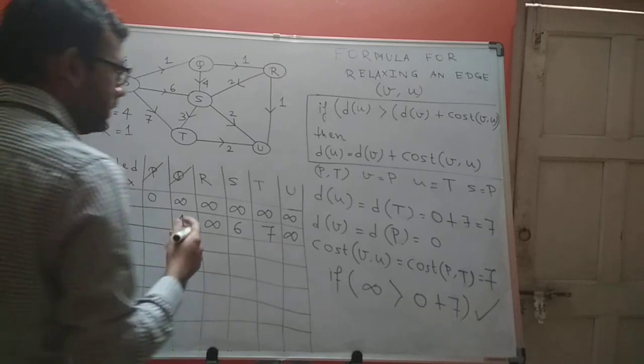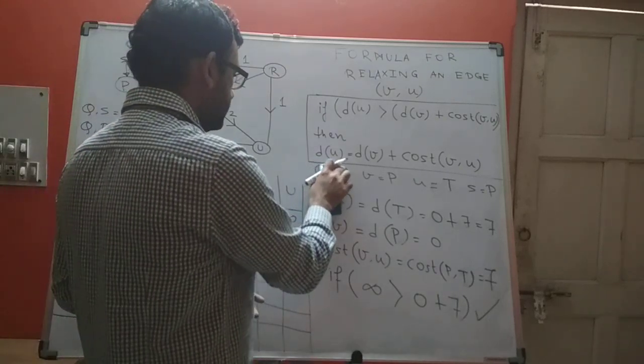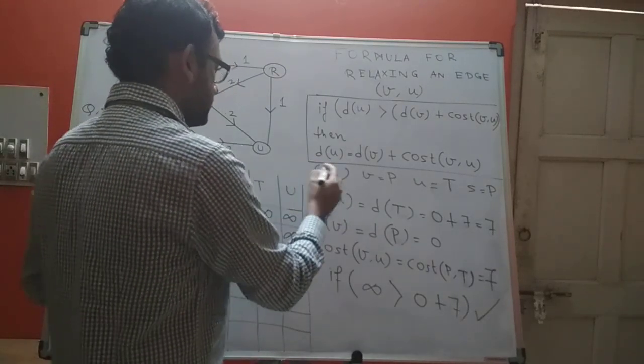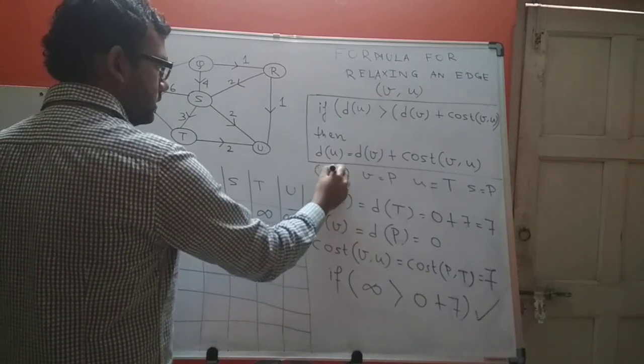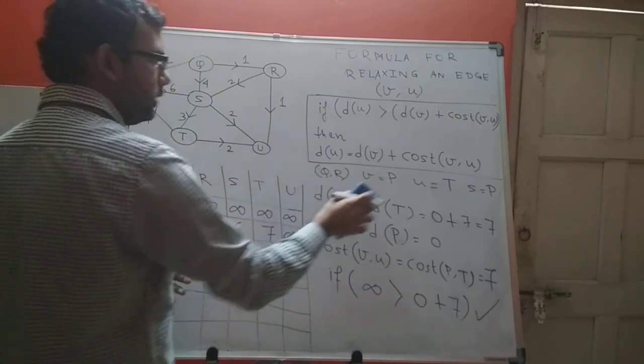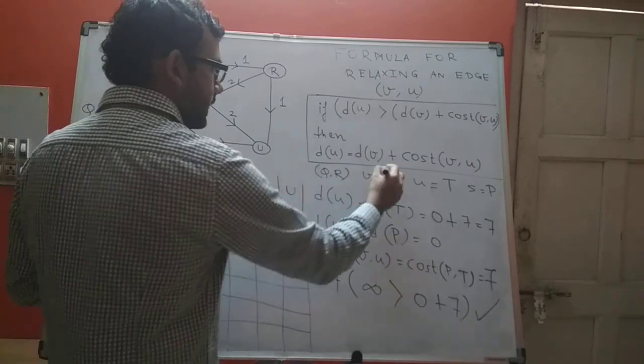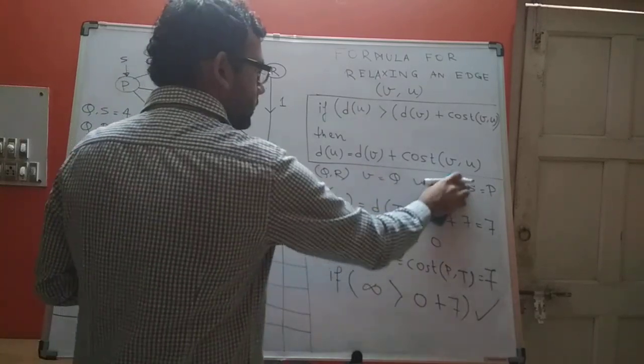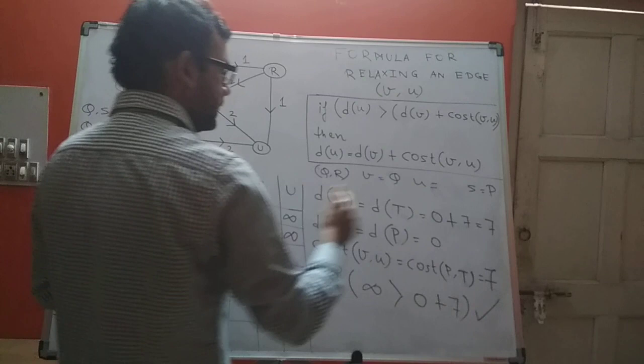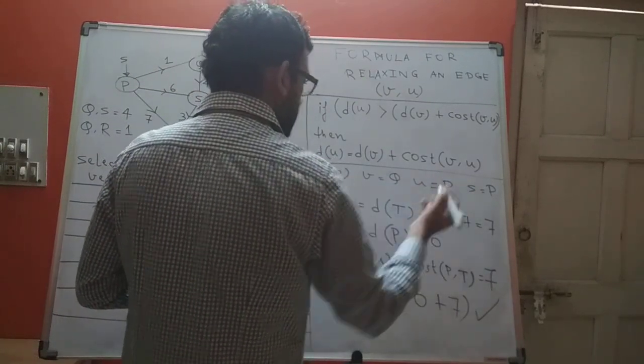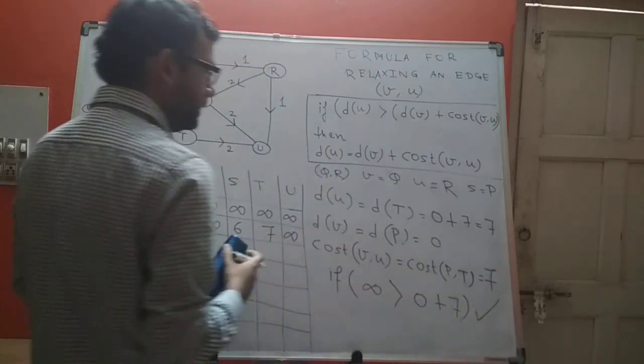So the first edge that I'm trying to relax is Q comma R. So what is the value of V? V is currently Q. And what is U? U is currently R. My source vertex obviously remains the same.